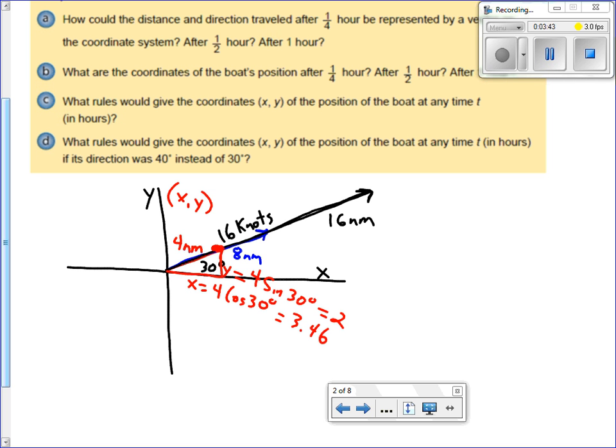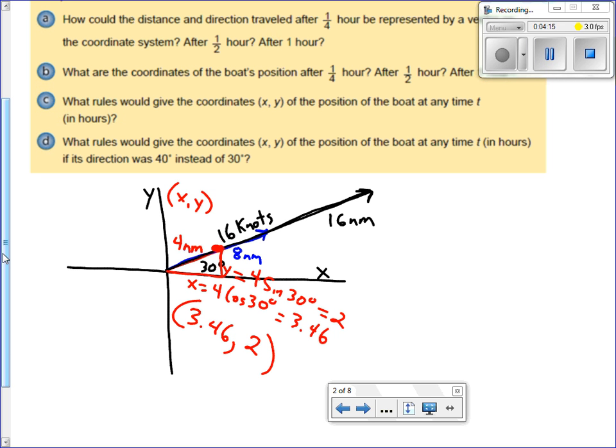So what is the location of the boat after 1/4 hour in a coordinate plane? The boat is located at 3.46 nautical miles east, 2 nautical miles north. Now we can do the same thing for a 1/2 hour, the same thing for 1 hour, and calculate those. But I'm not going to go into every one of those single problems. But here's what we did in general.